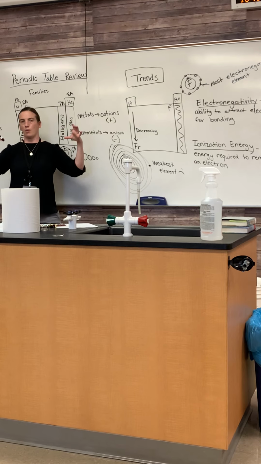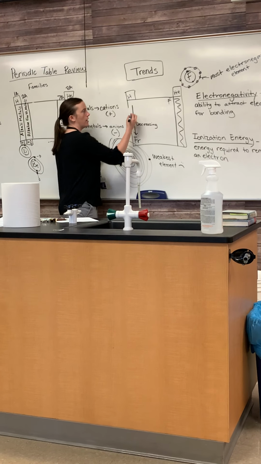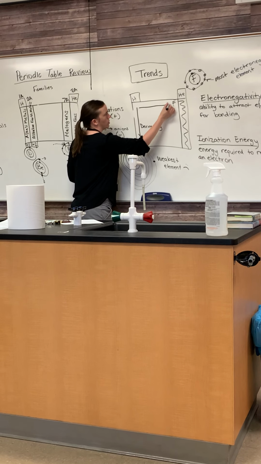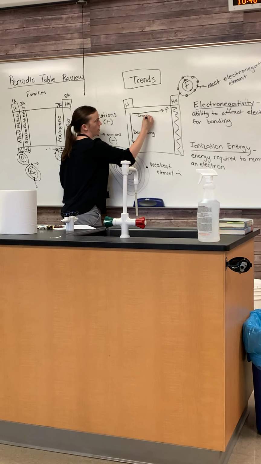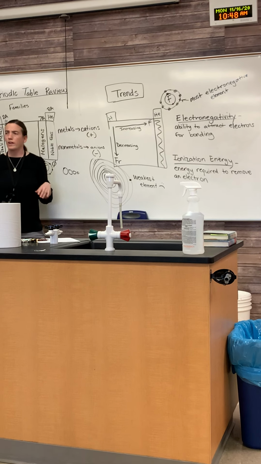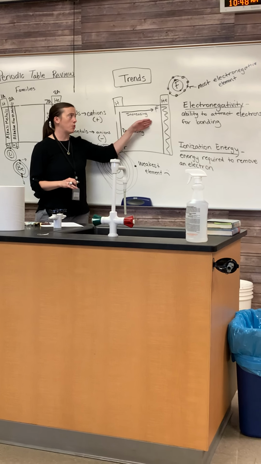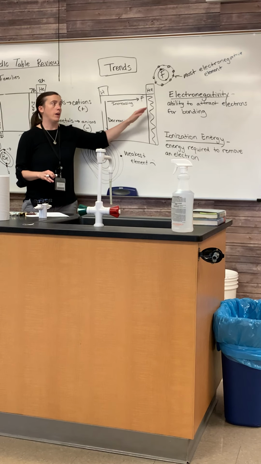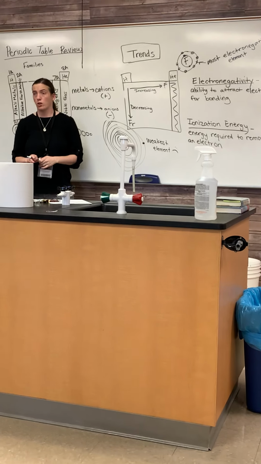Again, it's because we're adding more levels, it's getting larger and larger. Then as we get closer to fluorine, this is increasing in energy. The closer you are to fluorine, the stronger you are. The less likely you are to get rid of an electron, but the more likely you are to be able to attract electrons for bonding.